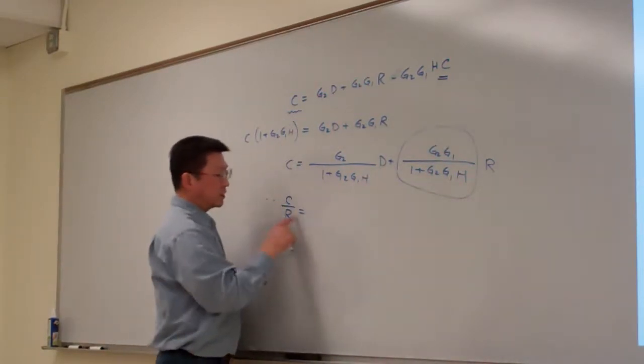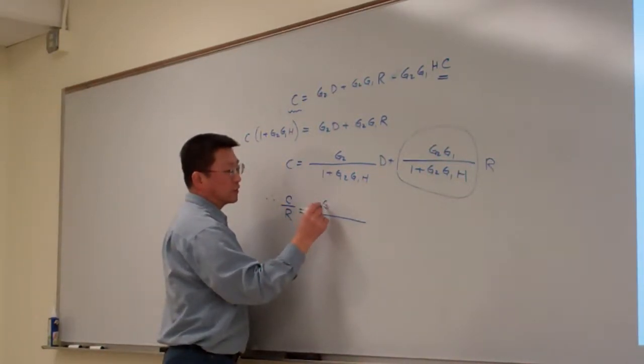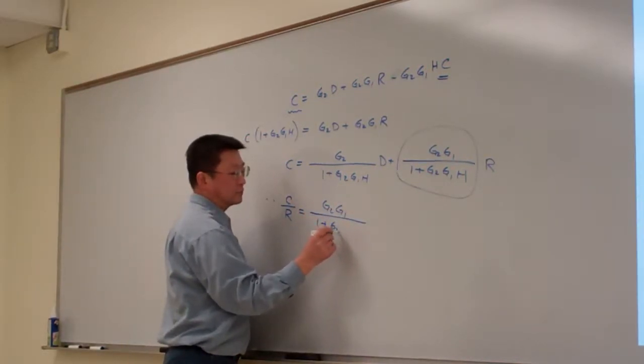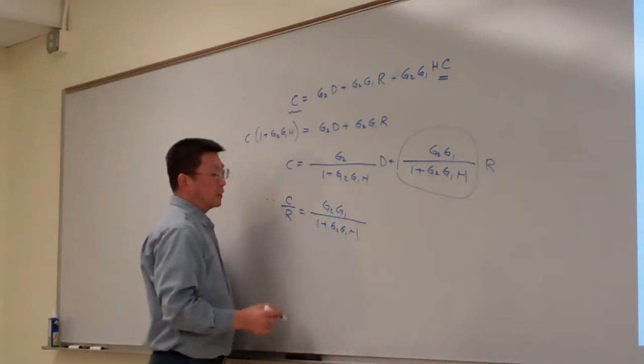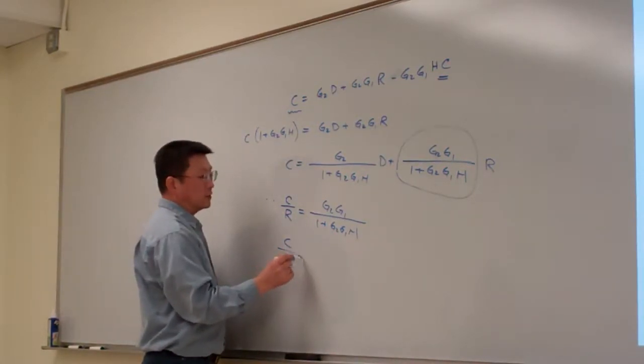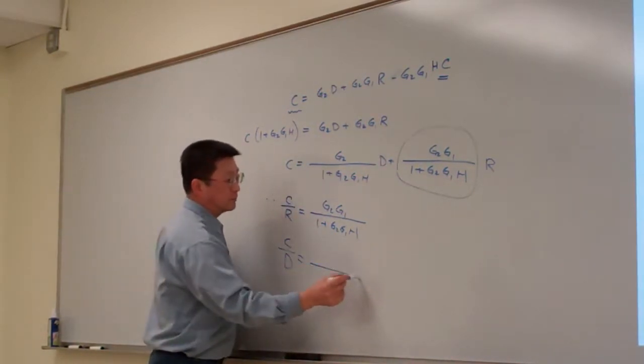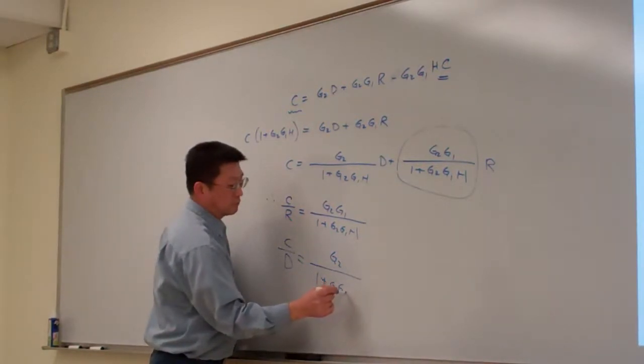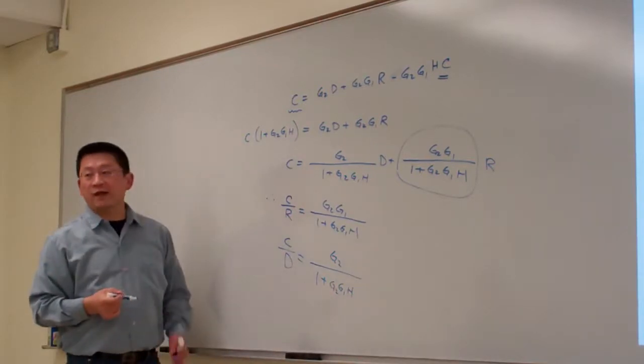This term represents the transfer function of C over R. And C over D is simply the first term. So that is the answer here.